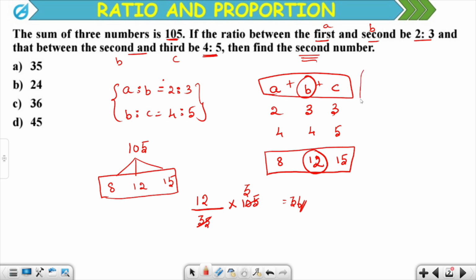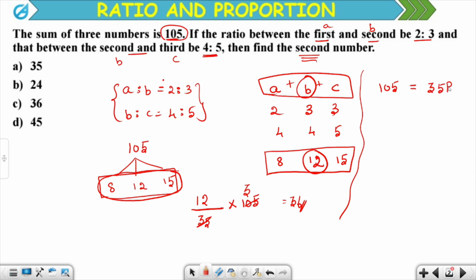Suppose you don't want to use this method, there is one more method. They always give you a number as the sum of the given numbers, so equate that number, 105, to the sum of the ratio. 8 plus 12 plus 15 is 35.